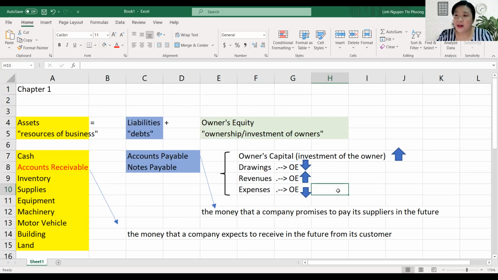If we earn a lot of money when we sell the products or provide the service, revenue will increase. And when revenue increases, what happens? Owner equity will increase. If we pay a lot of expenses, you know what happens? Our owner equity will decrease.